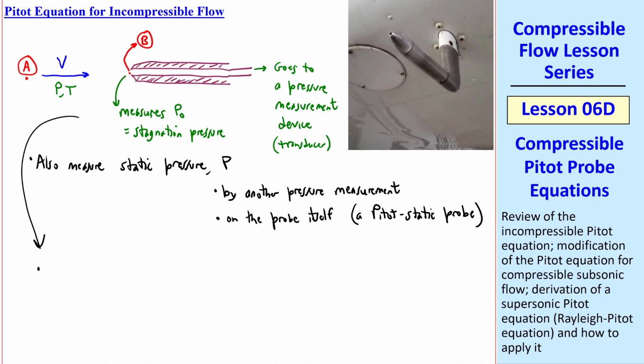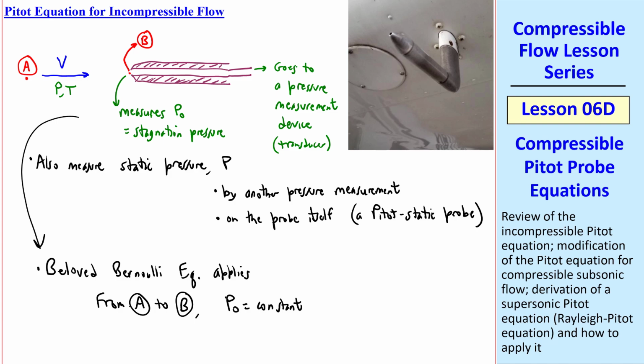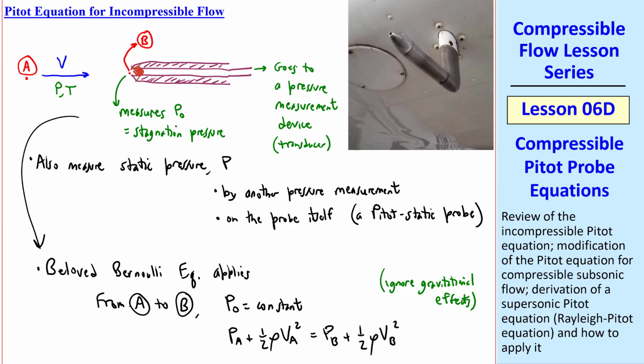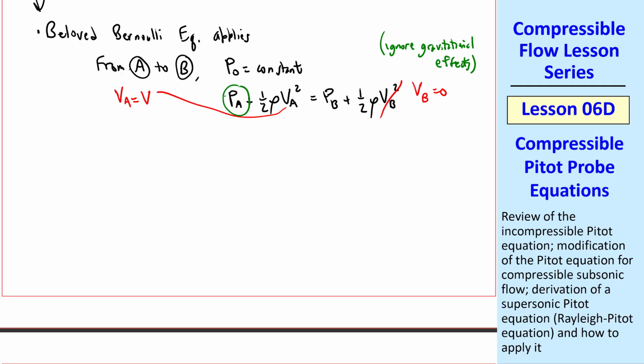For this case, the beloved Bernoulli equation applies, namely from point A to point B, the stagnation pressure is constant, so PA plus 1/2 rho VA squared equals PB plus 1/2 rho VB squared, where we're ignoring gravitational effects. But we know that this point B is a stagnation point, so VB is equal to 0. And from our diagram here, VA equals V, the speed we're trying to measure, and PA is equal to P, the static pressure.